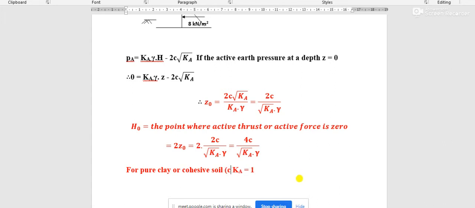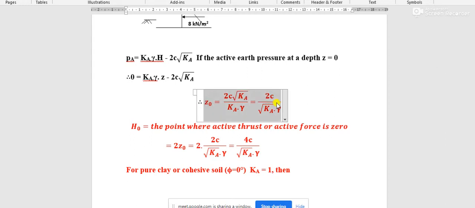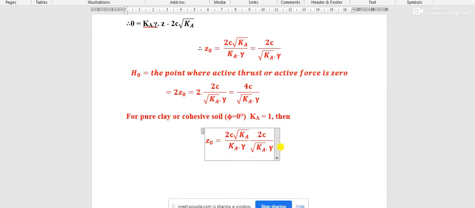For your convenience, I may write here phi is equal to 0 degree, K is equal to 1. Then the value of K is equal to 1.